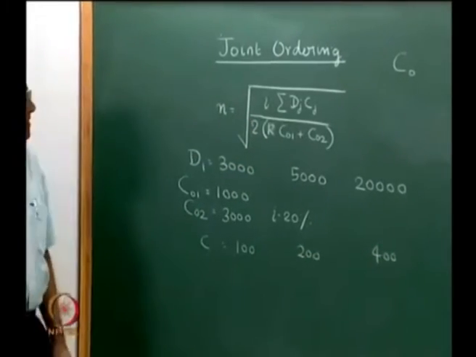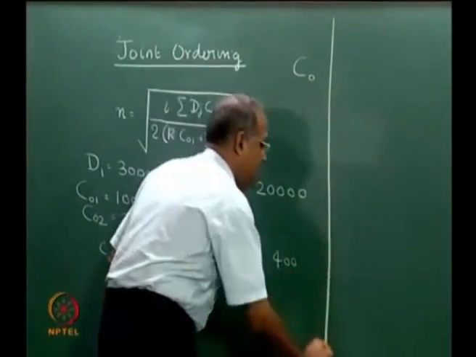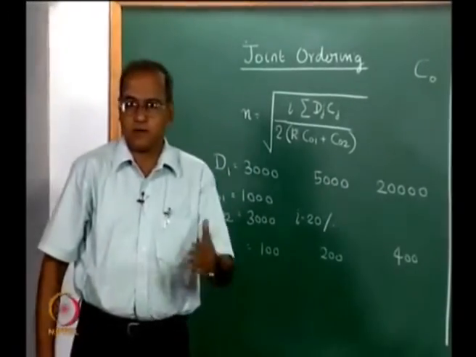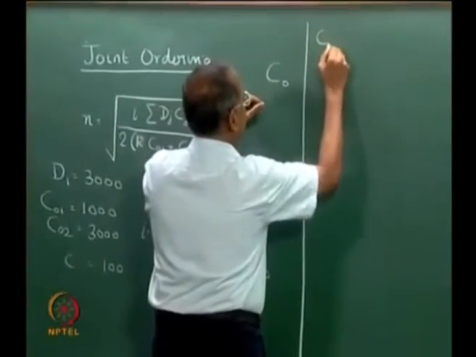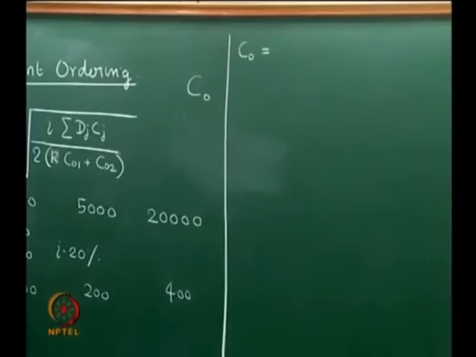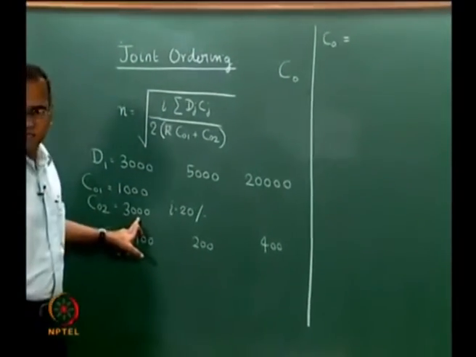We look at the first situation, when the 3 items are ordered separately according to their economic order quantities. If we do that, C naught for each item will be the sum of the admin cost, which is 1000, and the truck cost, which is 3000.